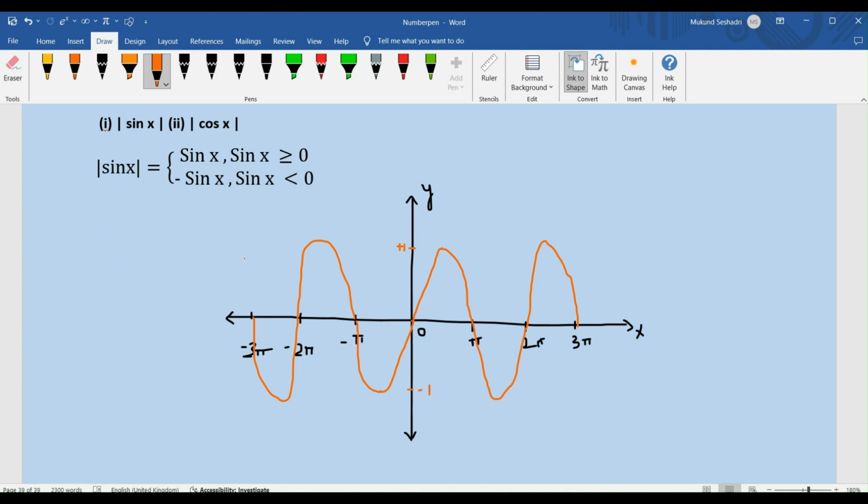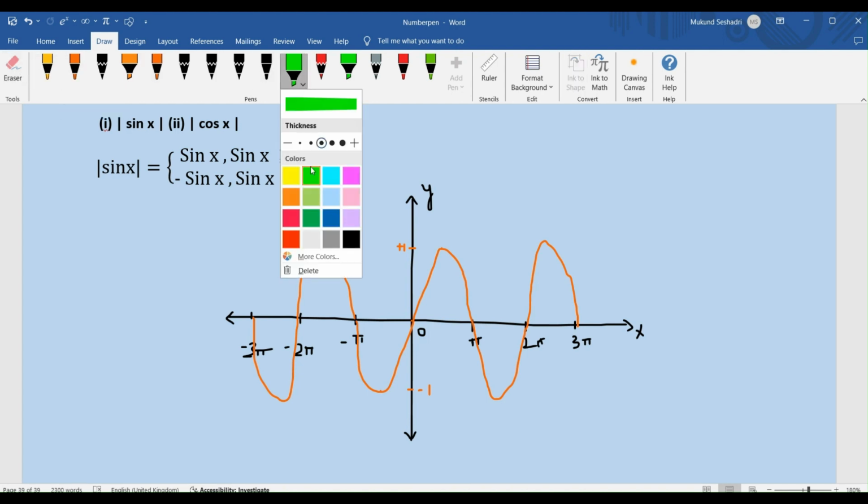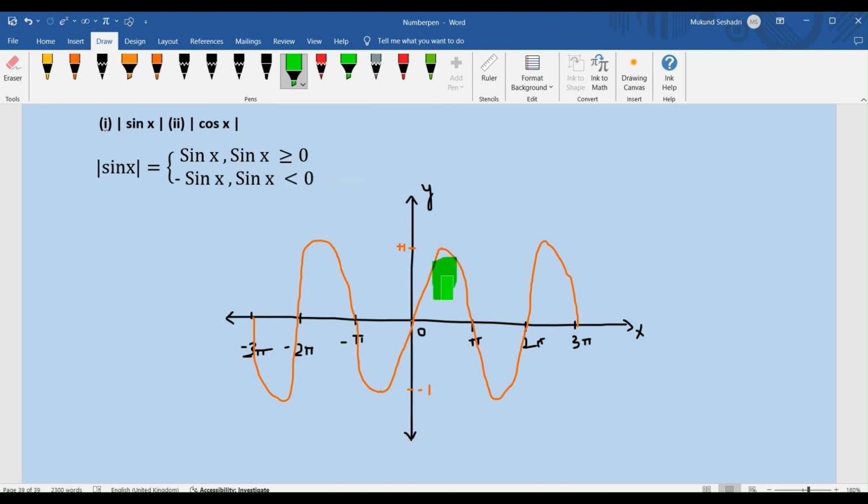For sin x greater than or equal to 0, and let's use a highlighter here, our function remains the same, right? So which is that? It is these regions where your sin x is positive. So we don't have to really worry about the regions highlighted here in green.